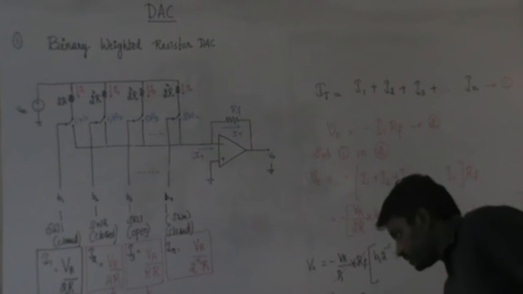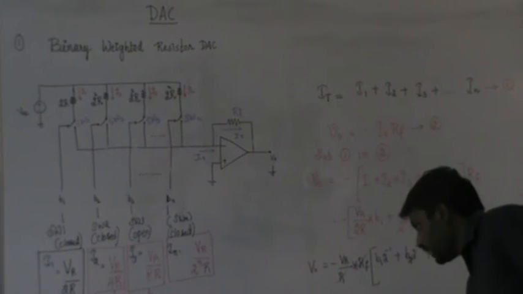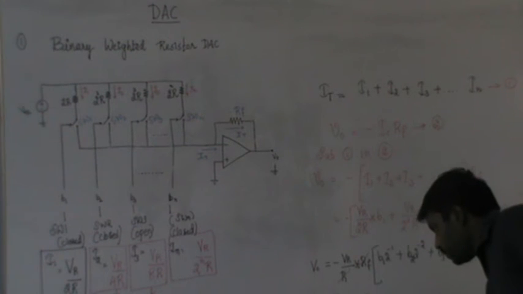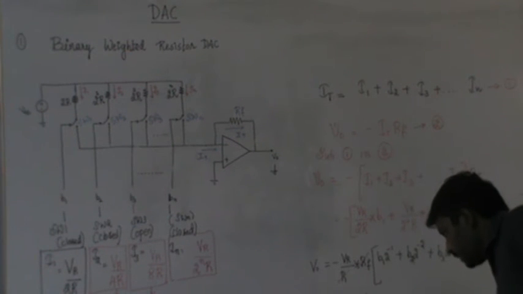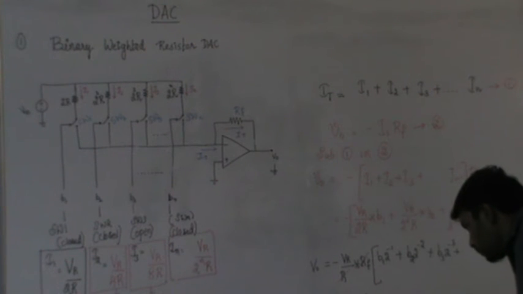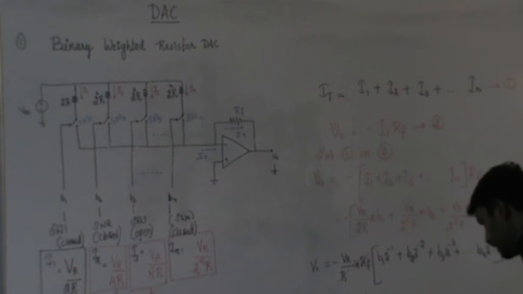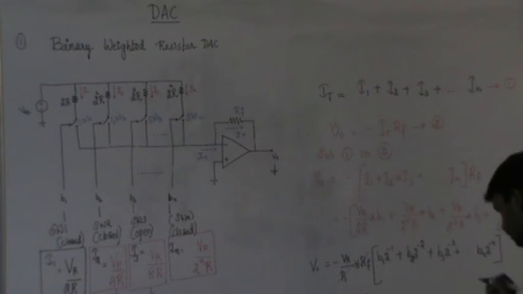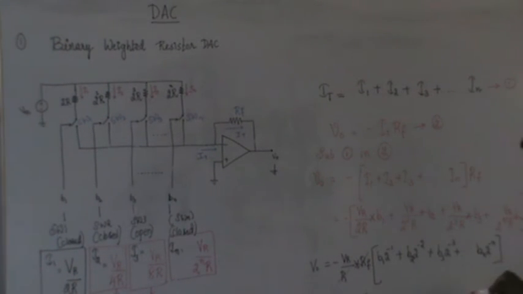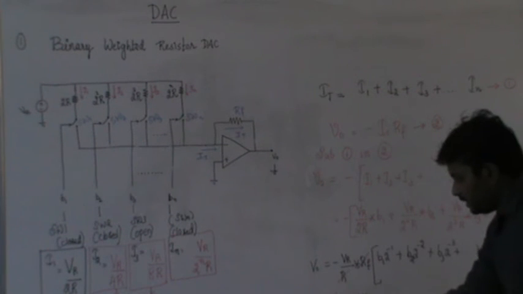Your final equation will be V0 is equals to minus Vr into B1 into 2 to the power of minus 1 plus B2 into 2 to the power of minus 2 plus B3 into 2 to the power of minus 3 plus dash dash dash Bn 2 to the power of minus n. So this is your final equation for the binary weighted DAC.